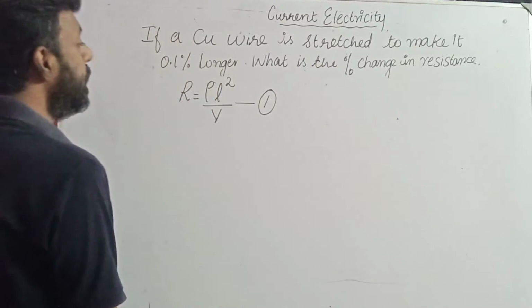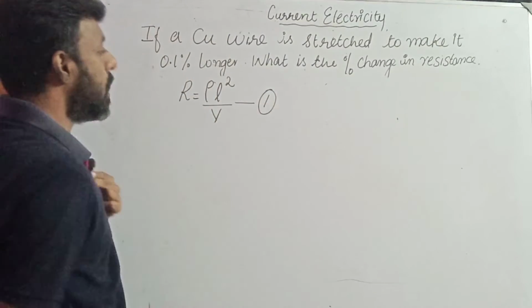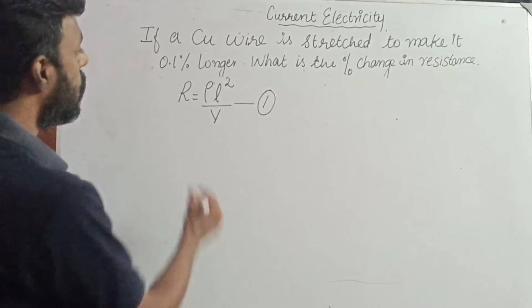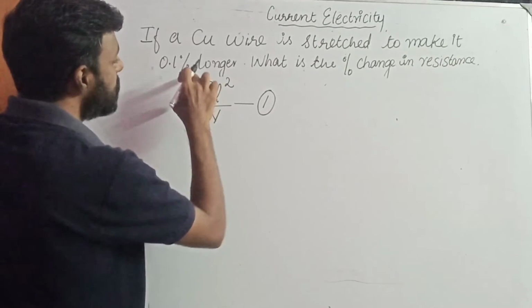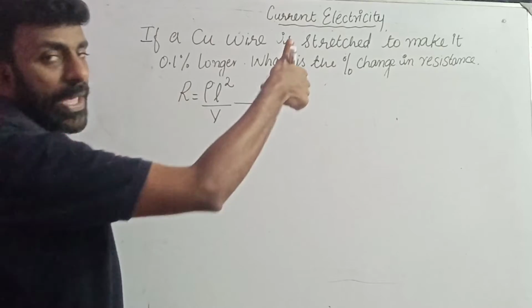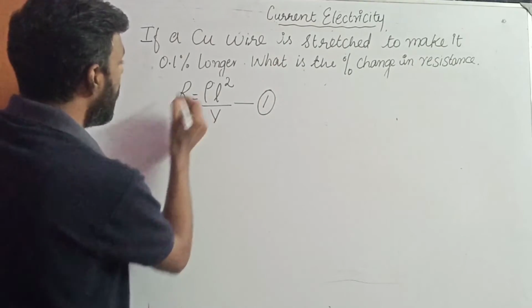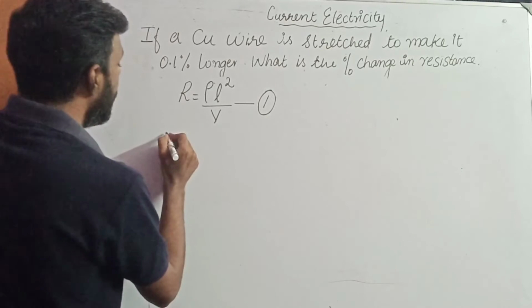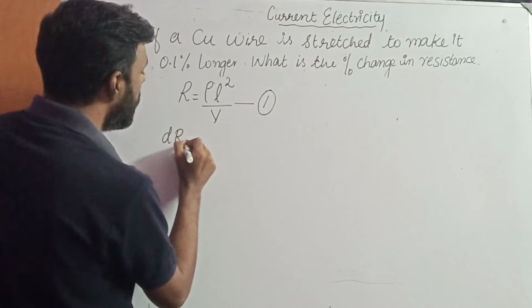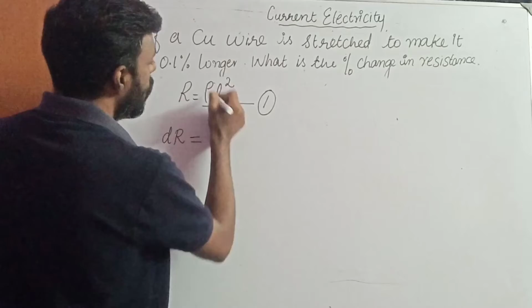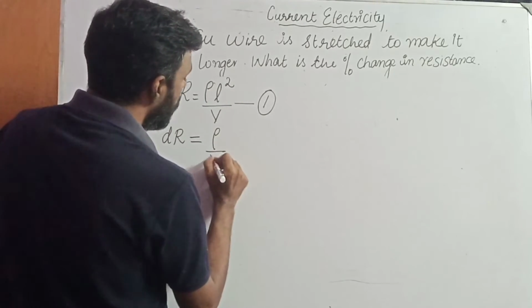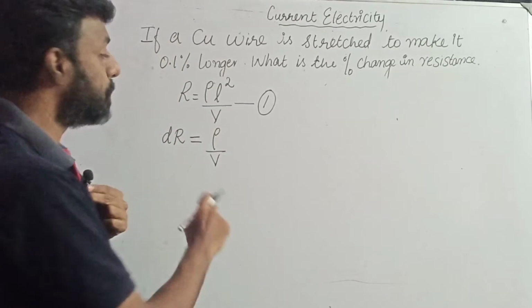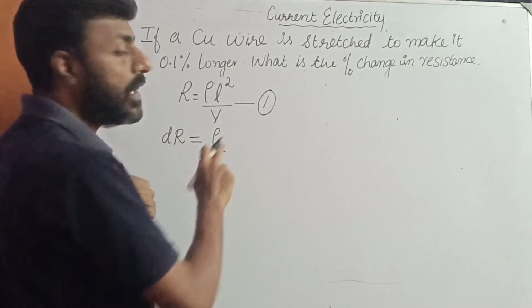Now I'm going to differentiate this equation 1, differentiating R with respect to L. I'll be getting dR equal to rho by V, which is a constant because the specific resistance and the volume of the material won't change.